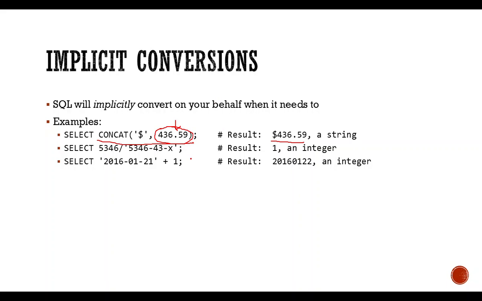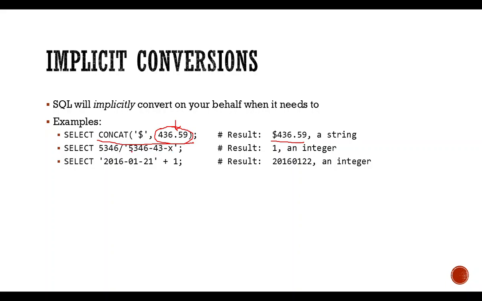Now, sometimes it does it in maybe unexpected ways. So for instance, when you were going to divide 5346 by the text 5346-43-X, if you try to do that, SQL tries to do its best. Now, this is probably not what you really wanted, but it's what it does. It says, oh, you're doing division, therefore you must mean that this part has to be a number.